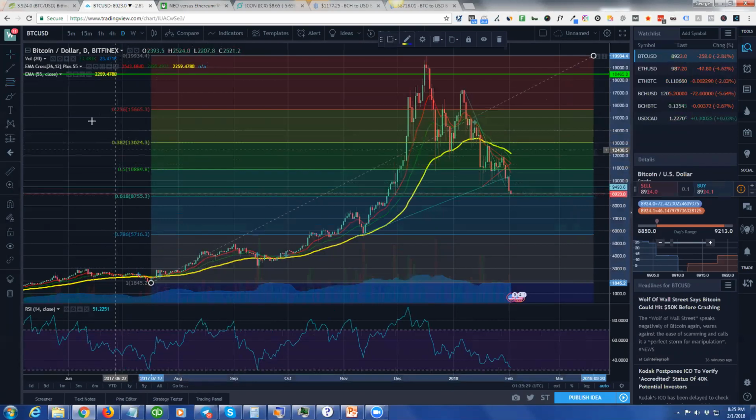And so if we look at this on the daily chart, we are just about to hit in and around the 618, which we'll typically see a bounce. And I'll show you some past history of how that worked, and we saw the bounce at about the 618, anywhere between 618 and 786.